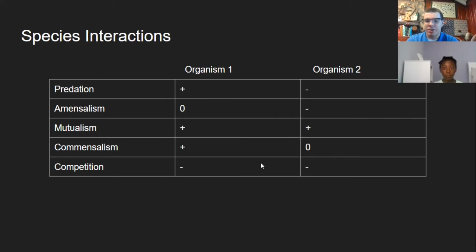And then there's competition, which is what invasive species do. Competition is whenever one animal is directly competing with another one for a resource. That one gets a net negative from both sides, because neither animal really gains from competition. So this is a layout of the different kinds of interactions.